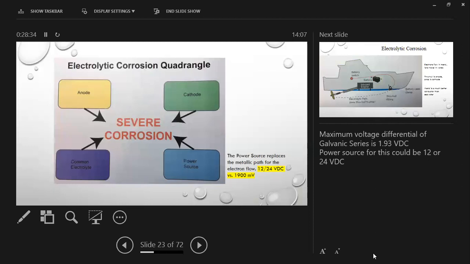When we were talking about galvanic currents, remember we said you could have almost 2 volts DC driving galvanic corrosion. You could have 12 or 24 volts driving straight current corrosion. The process is the same: the deterioration of the anode, protection of the cathode, but it's now being driven by 12 or 24 volts.